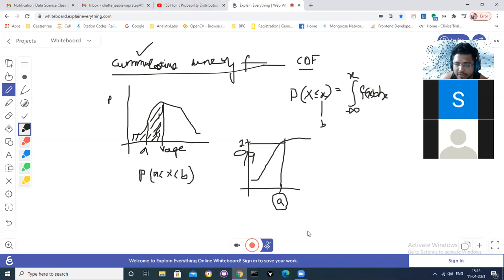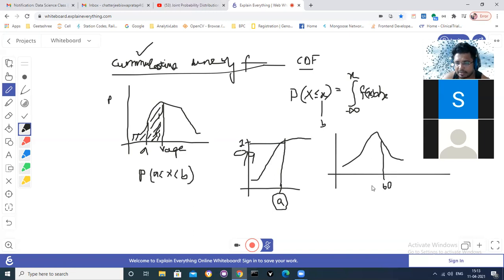I'll give you an example. There is a classroom with students, and their weights are distributed like this. What is the cumulative probability of weight 60?